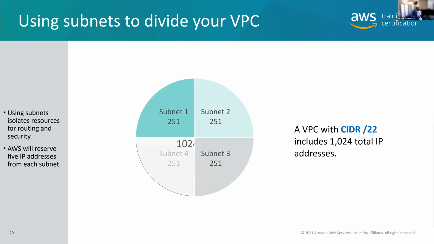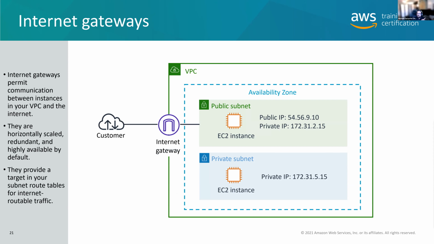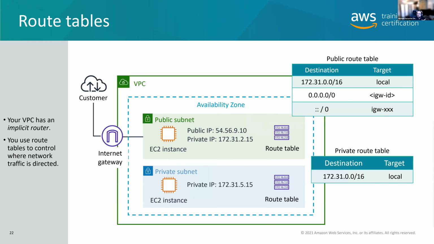You're going to subdivide those out, and then you're going to attach an internet gateway to your VPC so you can get to the internet if you so choose. And if you attach a route inside the route table for a subnet to the internet gateway, then that's now a public subnet. If you attach an IP address to an instance in there, now you got full connectivity to the internet, assuming the firewalls are all in alignment.